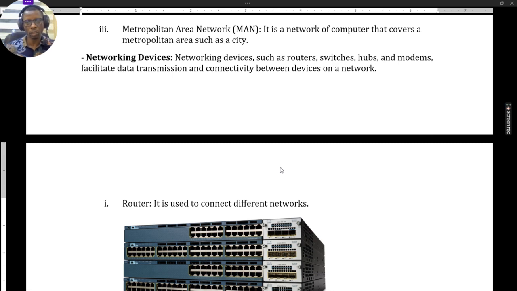The first one we're going to talk about is the router. A router is a device that connects two networks together.